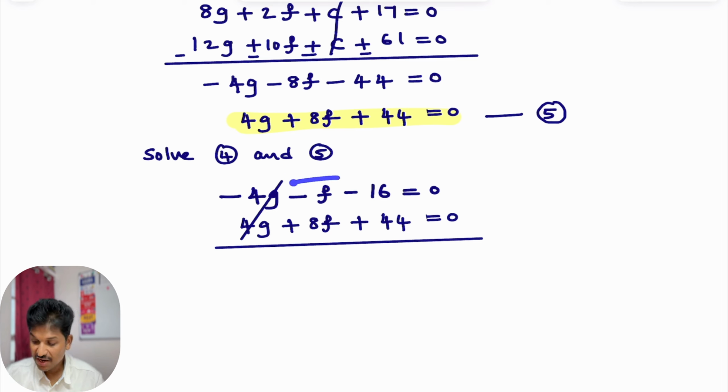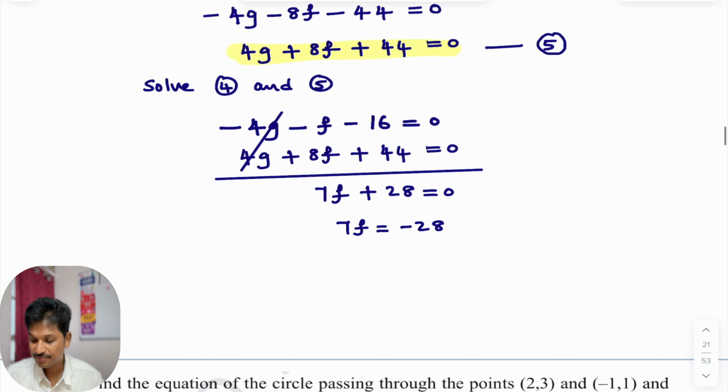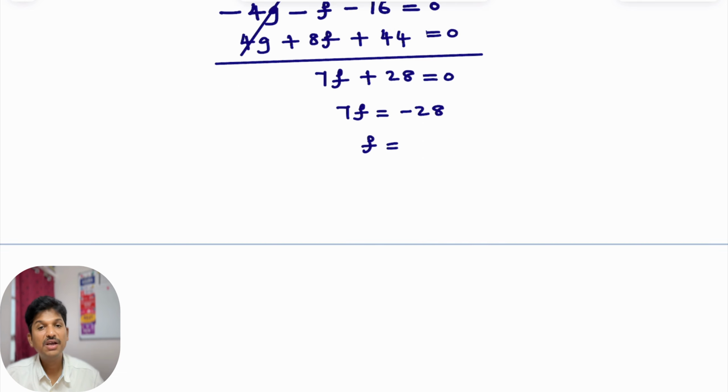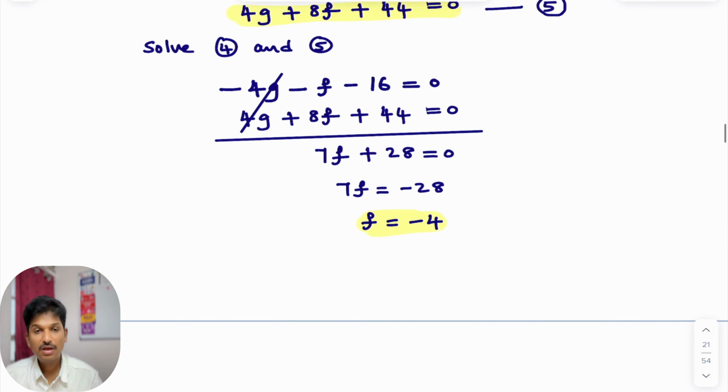Now minus F plus 8F is plus 7F, and minus 16 plus 44 is plus 28. So I got like this. From this, what is 7F? 7F equal to minus 28. What is F from this? Minus 28 divided by 7, that is minus 4.